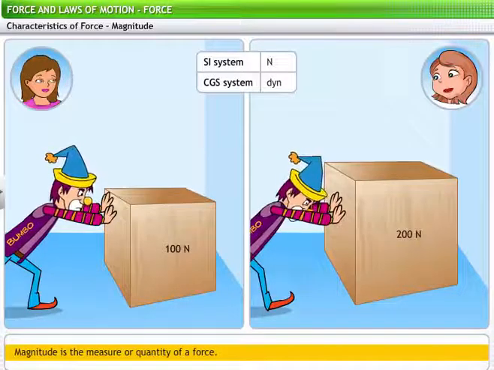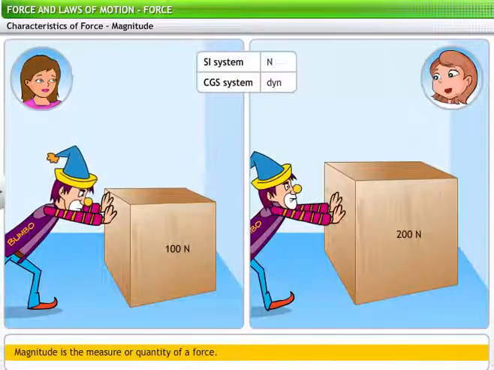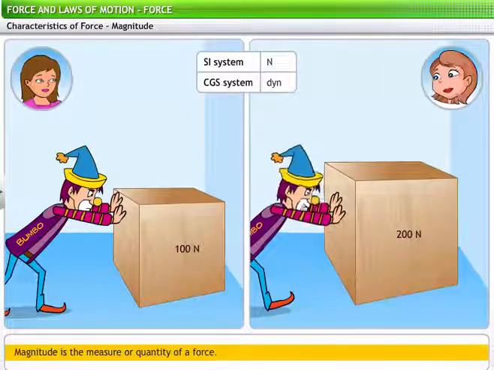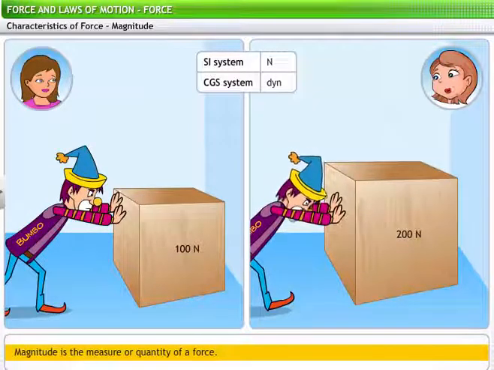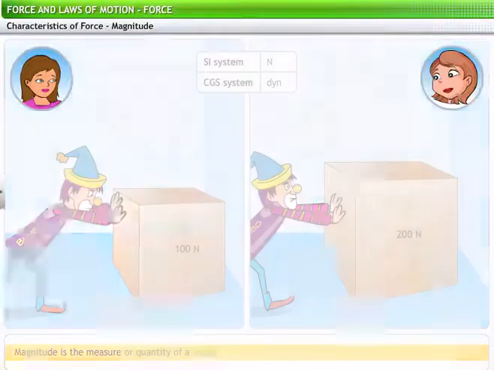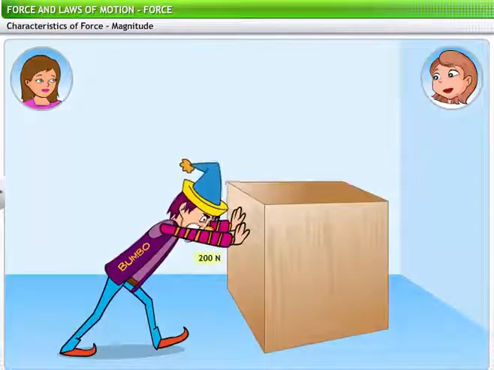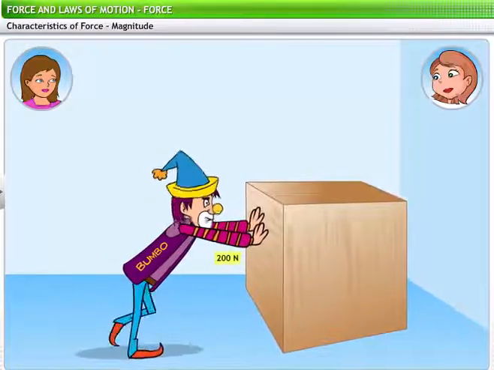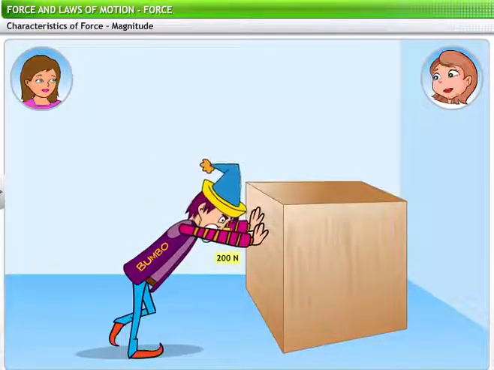Look at Bambu trying to push the 2 wooden blocks of different sizes towards the wall. He had no problems pushing the smaller block, but he seems to be struggling with the larger block. There, he's done it.